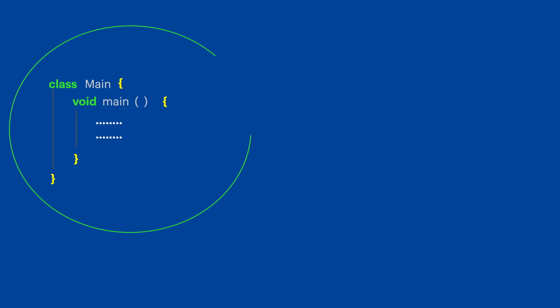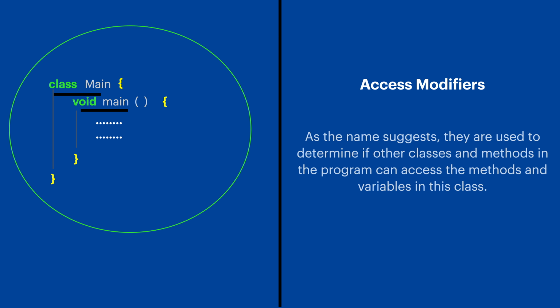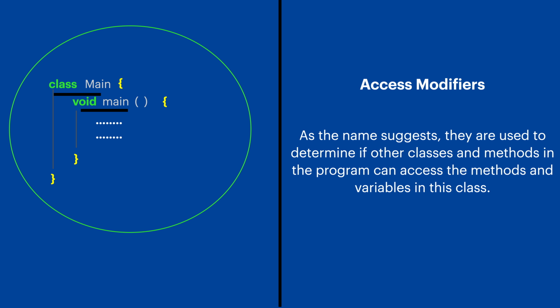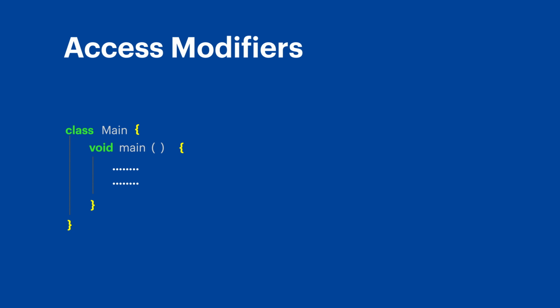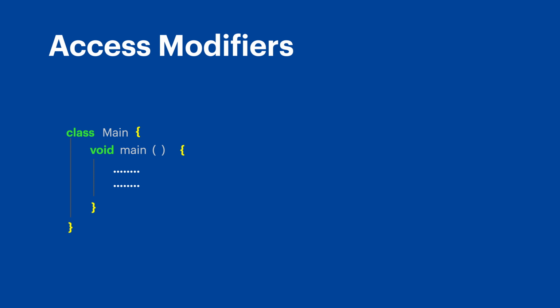Now in Java, we have something called access modifiers. As the name suggests, they are used to determine if other classes and methods in the same program can access the methods and variables within the class. So, there are 4 types of access modifiers in Java, namely public, private, protected, and default.